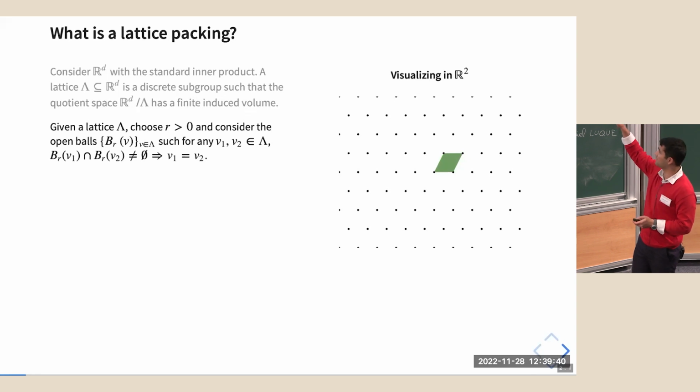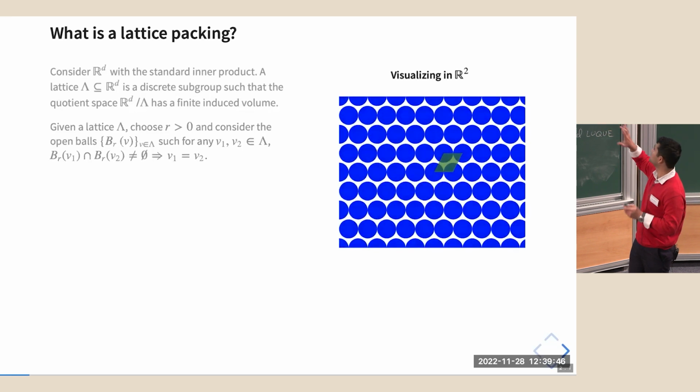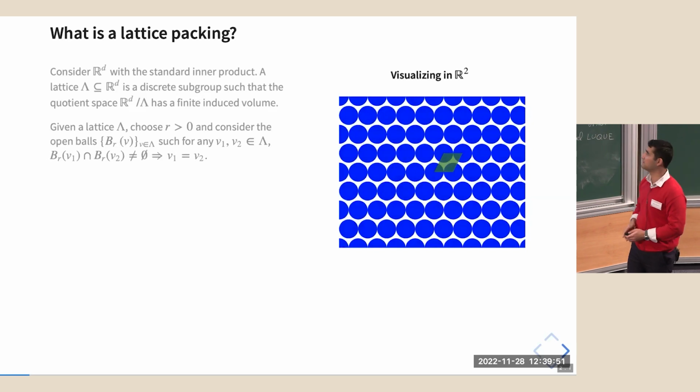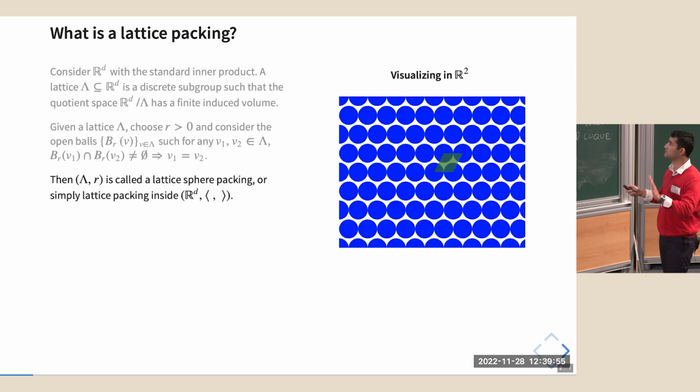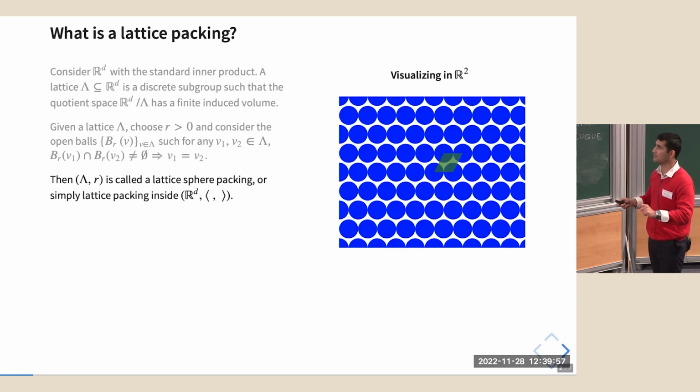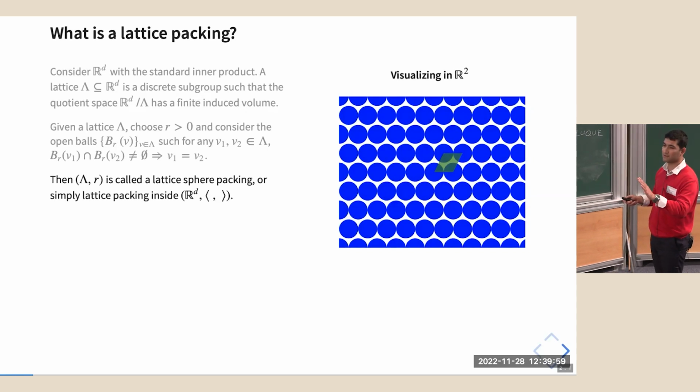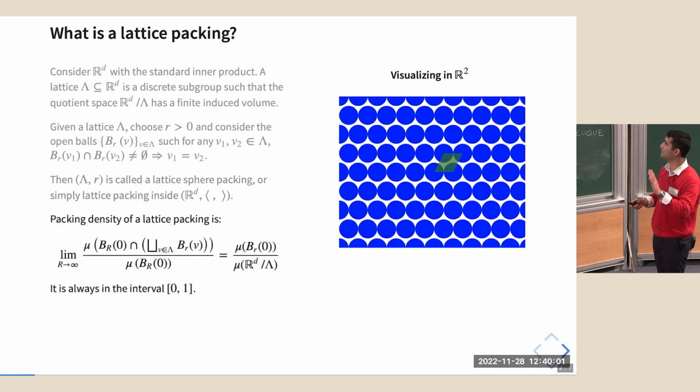And you want to create balls centered at these lattice points such that any two of them are disjoint, all right? Okay, we call such an arrangement lattice sphere packing. It's also lattice packing, it's the same thing.